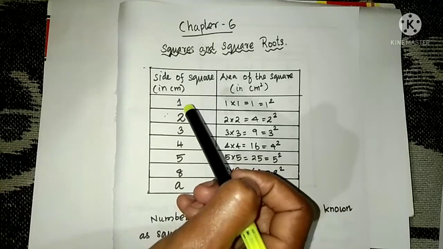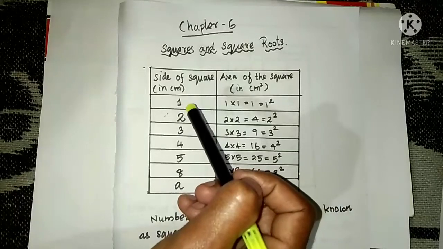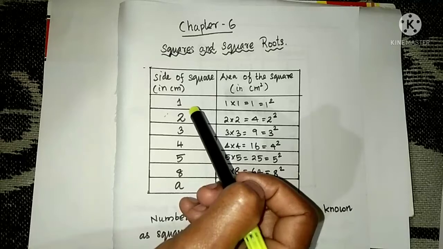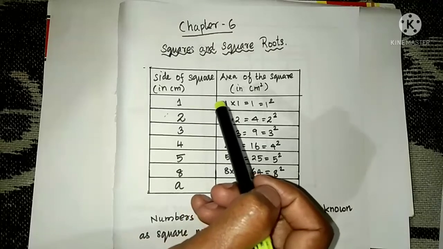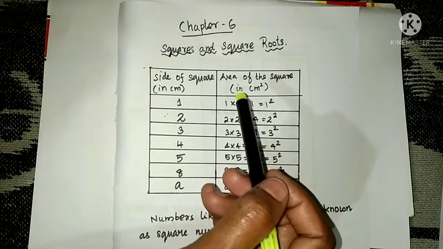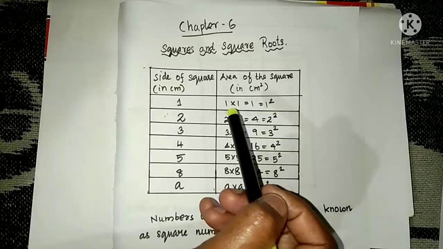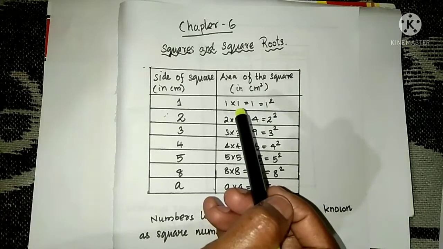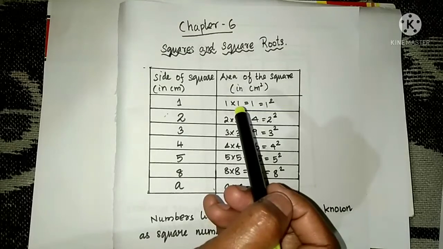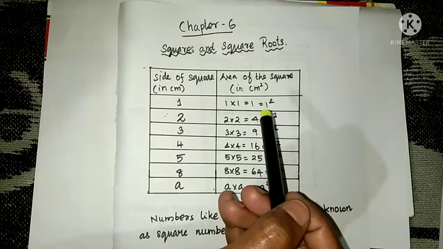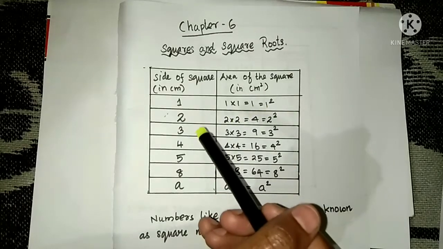See, if the side of the square is 1 centimeter, then the area will be 1 into 1, that is side into side. That is the formula for the area of a square. So 1 into 1 is 1, that we can write as 1 squared.